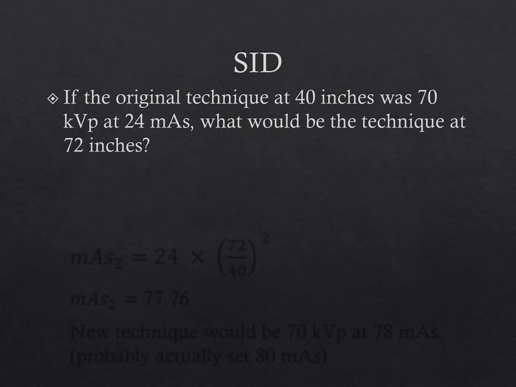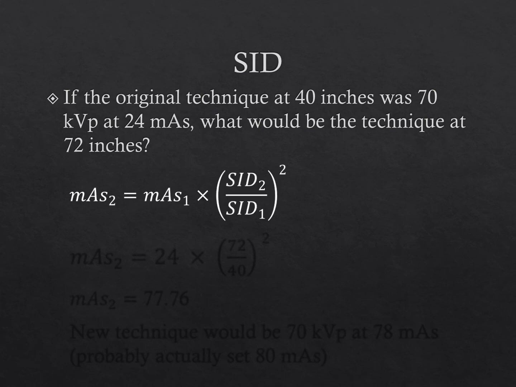All right, so let's put this formula into action. If the original technique at 40 inches was 70 kVp at 24 mass, what would be the technique at 72 inches? Well, let's look at our formula. We have mass 2 equals mass 1 times SID2 over SID1 squared.